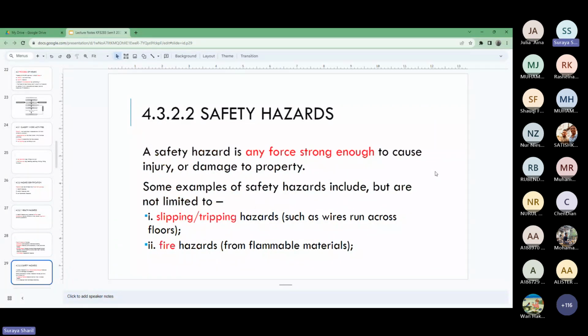Next is safety hazard. Safety hazard is any force strong enough to cause injury or damage to property.